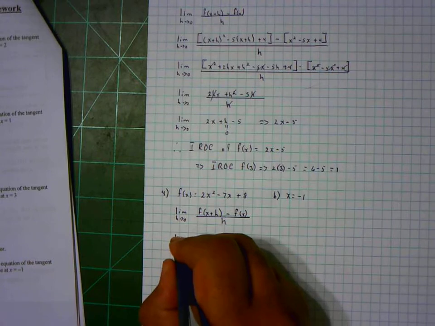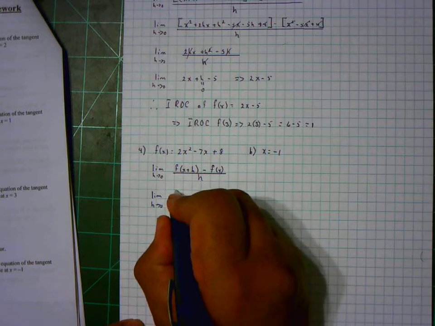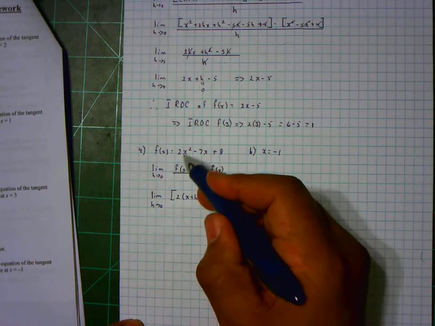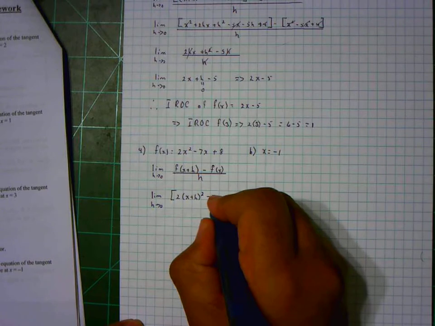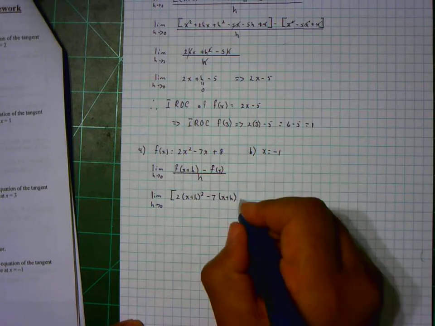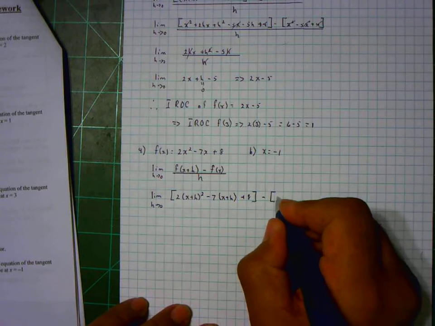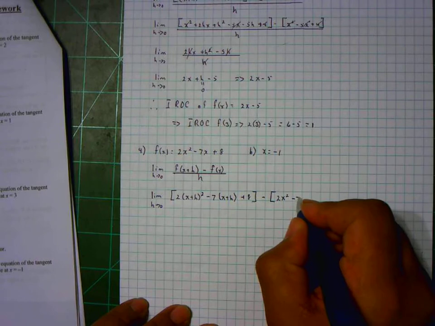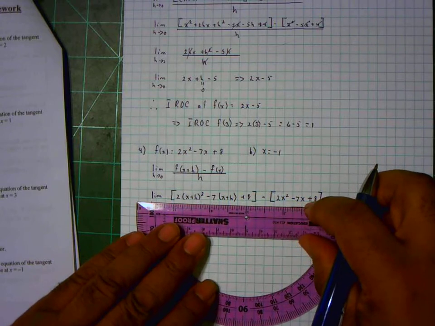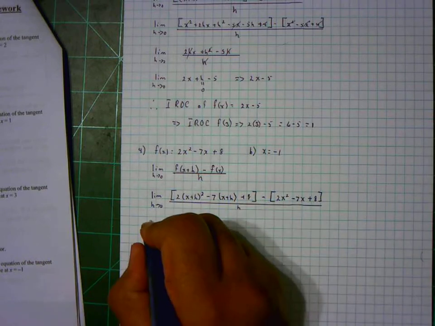So this is the limit as h goes to 0 of 2 times x plus h squared, replace the x with x plus h, minus 7 times x plus h, and again replace the x with x plus h, plus 8, and then we subtract the original function, 2x squared minus 7x plus 8, all divided by h. I'm going to expand that out.